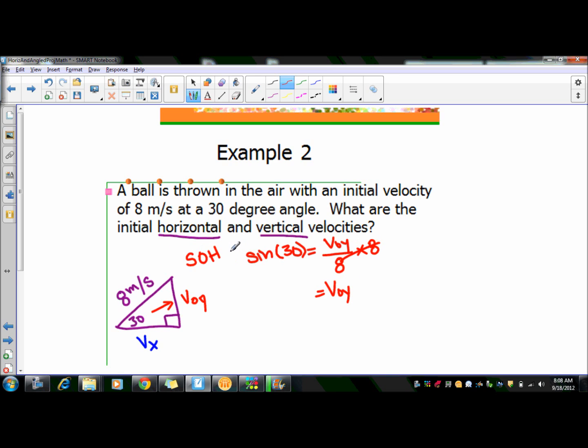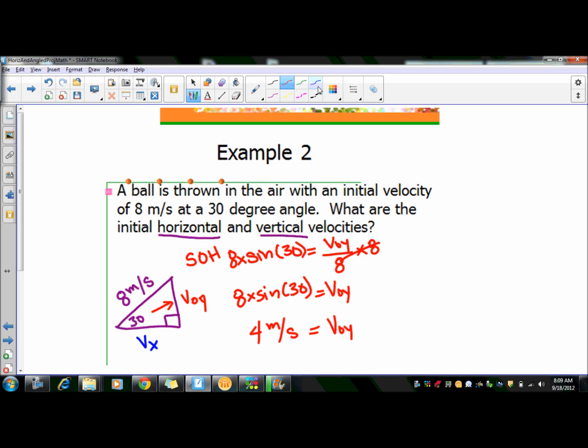Cancels out over here. And so we get 8 times sine of 30. Make sure your calculator is in degrees, and you should get an answer of 4 meters per second. So it'll have a vertical initial velocity of 4 meters per second.